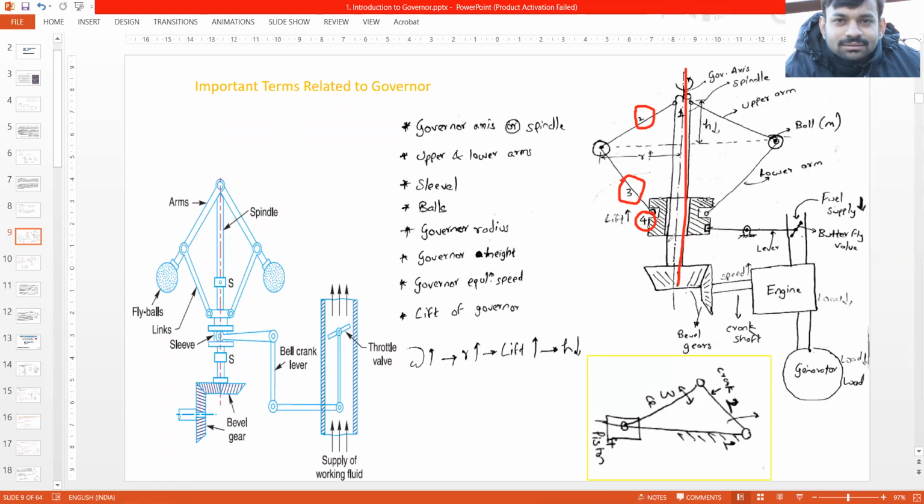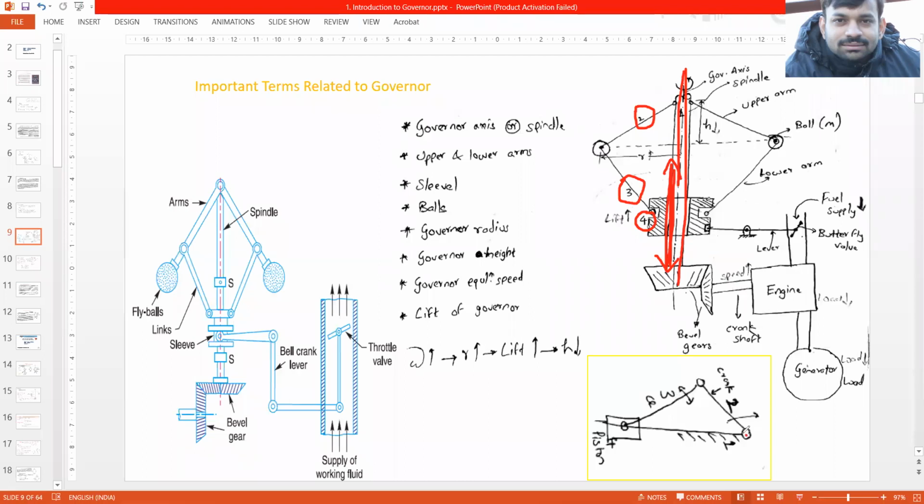This sleeve slides up and down over the shaft, so it is a kind of slider. So if you watch it closely, these are 4 links, and one of the links is a slider. There is one fixed link, and the other 3 are moving links.